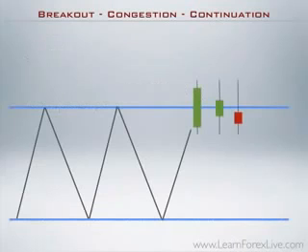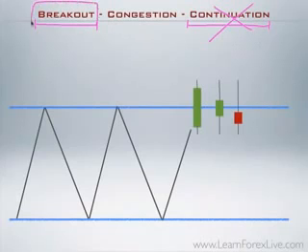We are going to be profiting out of the continuation part of this breakout congestion continuation pattern. So, if there is no momentum, if there is no trading volume pushing the breakout through, do you reckon we are going to get any continuation move at all? Well, chances are that no, we will not get a continuation move unless we see a heavy breakout.